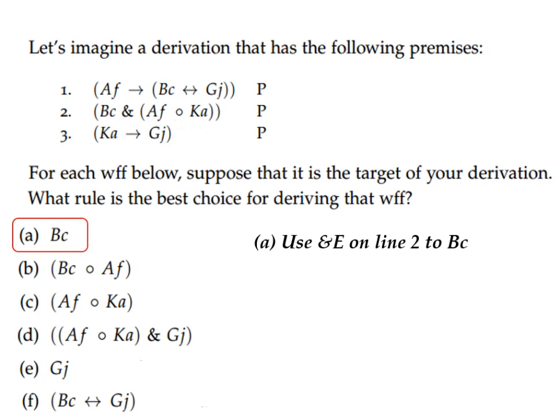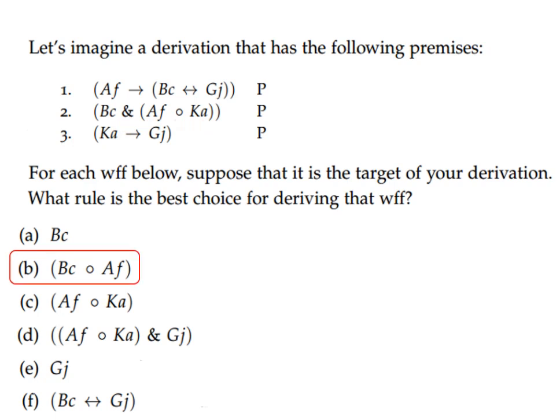Okay, so what about BC ring AF? Think about this. We already know how to get BC by itself. We just got it using conjunction elimination on line 2. But now suppose you need to get BC ring AF.